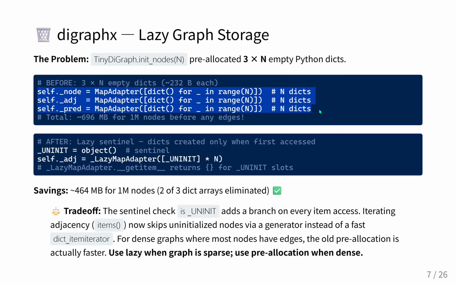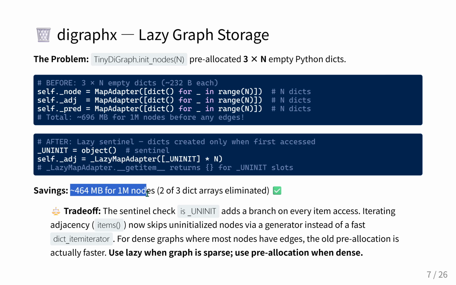So they refactored the architecture so that the dictionary simply doesn't exist upon initialization. They used a placeholder, basically a sentinel value, to mark it as uninitialized. And the dictionary is only instantiated at the exact millisecond the code attempts to insert the very first connection. For a network of 1 million nodes, deferring that creation wiped out the pre-allocated empty dictionaries and saved 464 megabytes of memory.